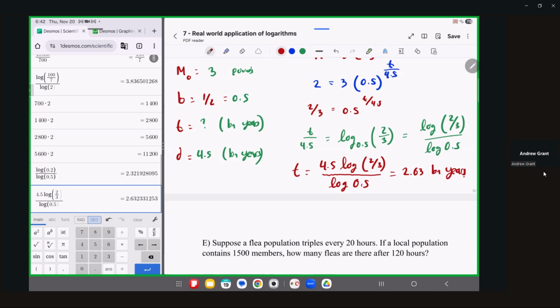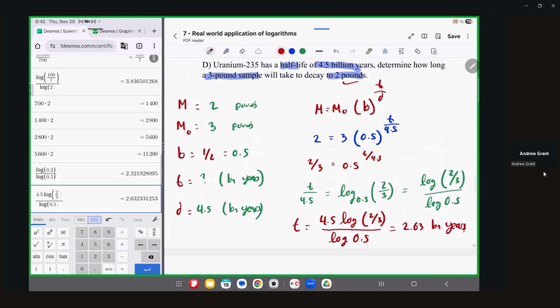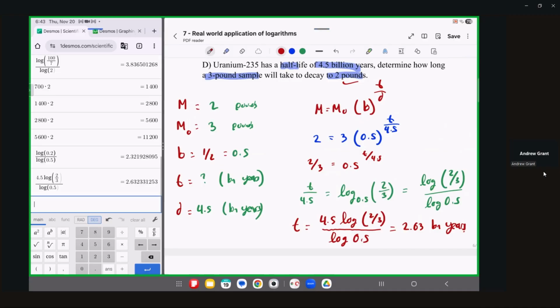And does this answer make sense? Well, it takes 4.5 billion years for half of it to go away. So you would start at 3, and after 4.5 billion years, you'd have 1.5. So 2.63 sounds plausible. If you don't believe that's the case, you can always check your answer in this version.